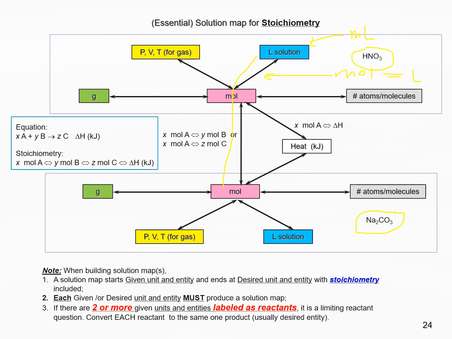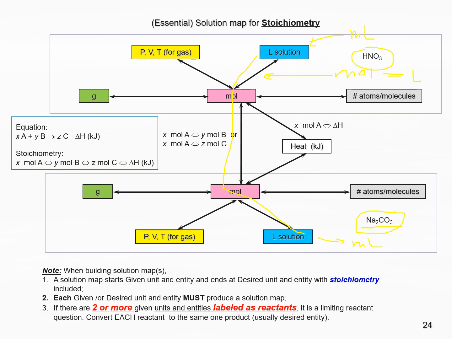Now, we have a different substance, that's sodium carbonate. So moles of sodium carbonate to the liters of sodium carbonate. Now what? Milliliters of sodium carbonate. So, like I said, this is a solution map for pretty much all the calculation problems involving stoichiometry.